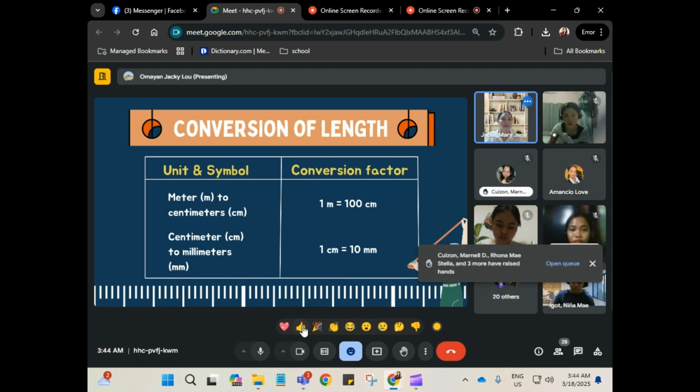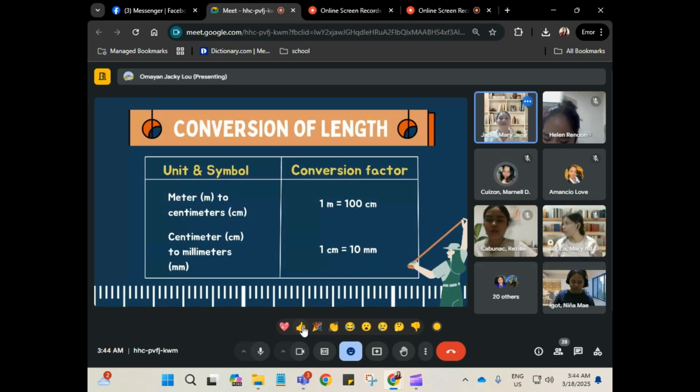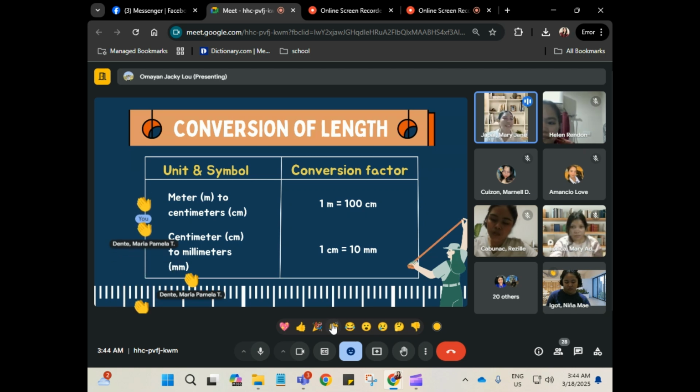Yes, Quizon? 1,000 millimeters, teacher. Very good. So you need to remember this, class, as milli means 1,000 times smaller than the base unit. So very good, Quizon. So let's give her a round of applause, everyone. Very good. So next slide, Jackie.